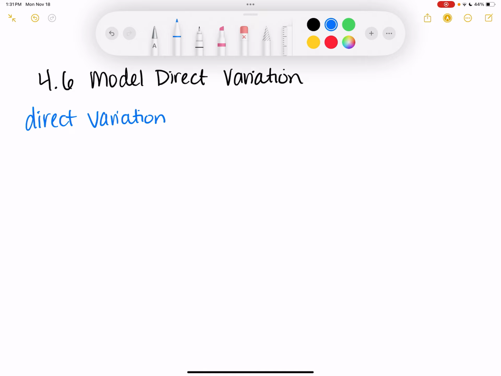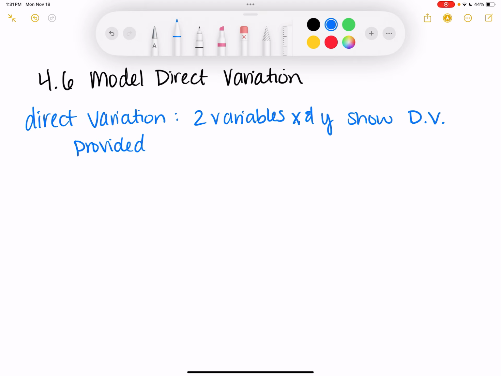Direct variation. Two variables, x and y, show direct variation, and I'm abbreviating direct variation as DV, provided y equals ax and a is not equal to 0.